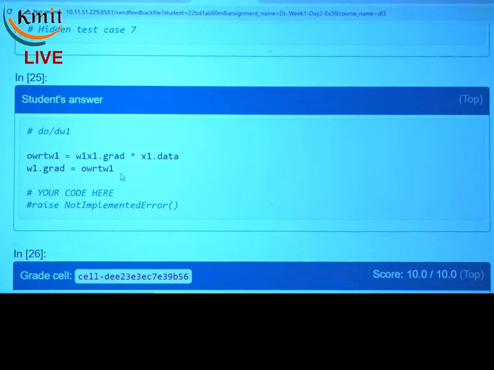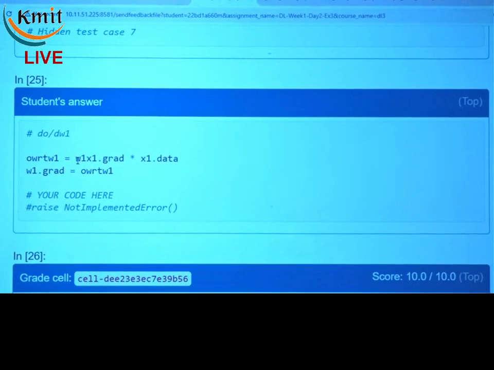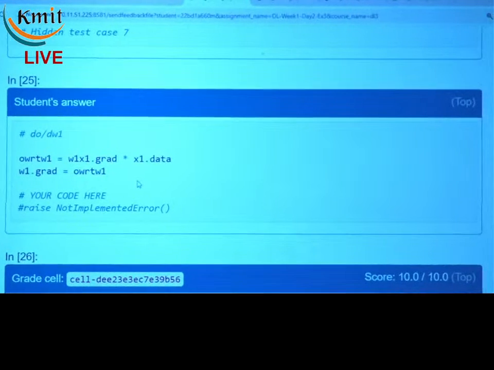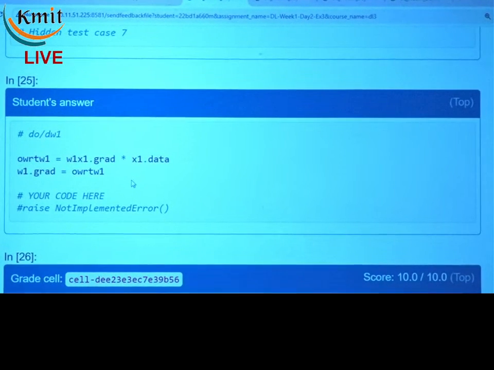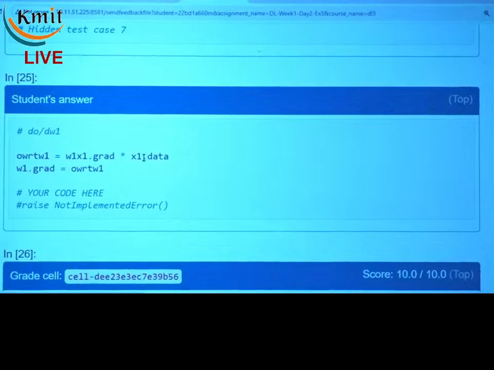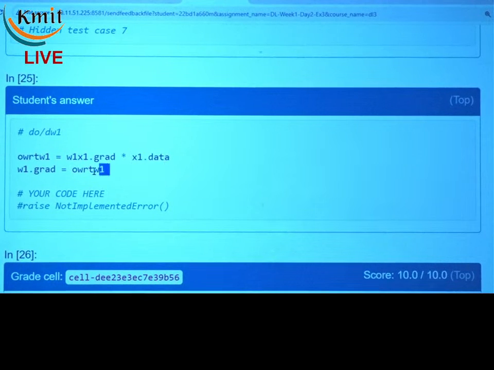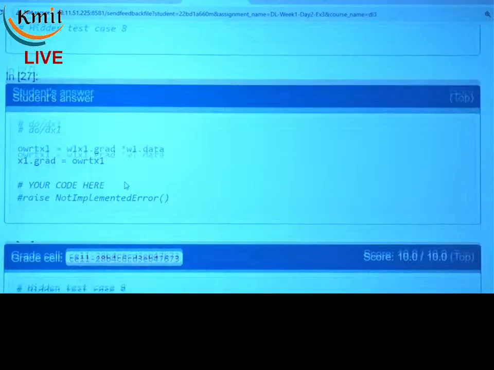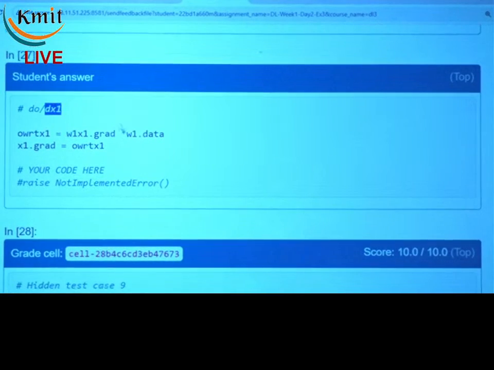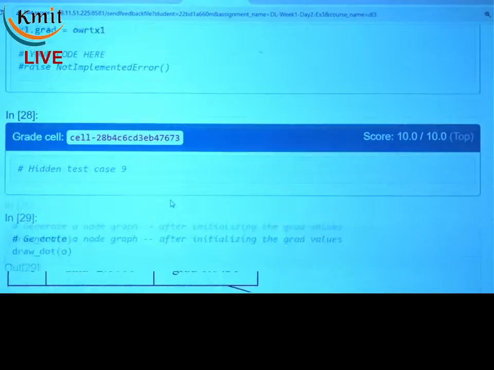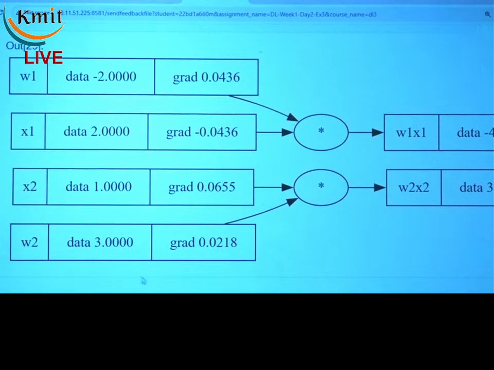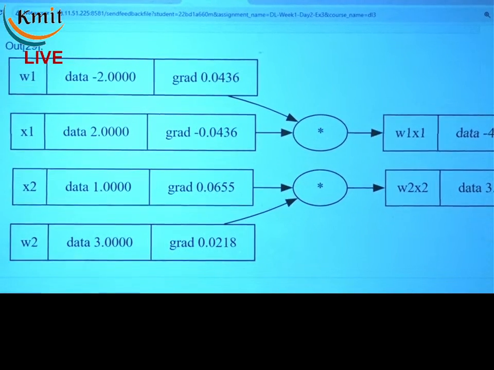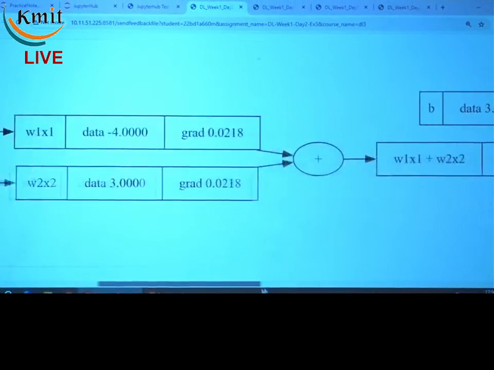The same thing happens with W1: W1 x1's gradient multiplied with x1's data. And x1's gradient is multiplied with W1's data. That's all, and you're done.